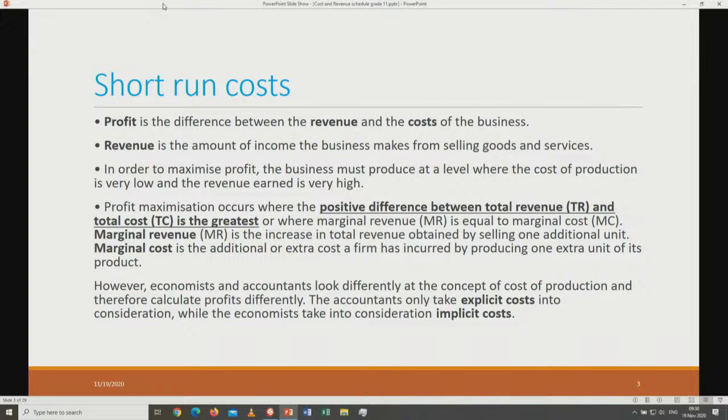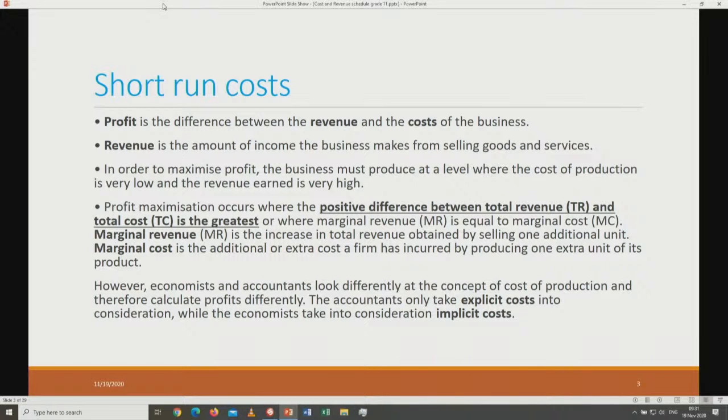Remember, revenue is the income that the business receives after selling its product. And then the total cost consists of all those payments that the business will have to make, like your electricity, your salaries and wages. Those are the costs of the business. Now, when we compare the two together, revenue and cost, when the difference between the two is positive, then we say the business is making a profit. But now, if that positive difference is the greatest, then we say the business is maximizing profit.